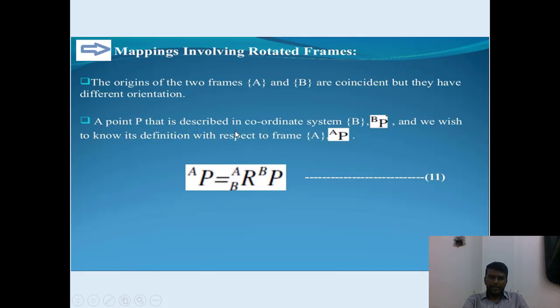A point P is described in coordinate system B, and we want to know it with respect to A. So what we do is just multiply with the rotation matrix. If you multiply with the rotation matrix, you will get the orientation of this point in the A frame.